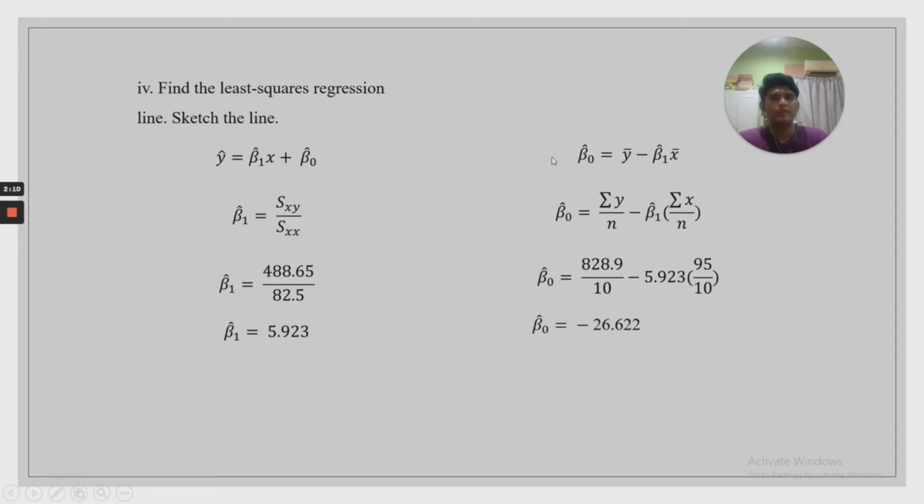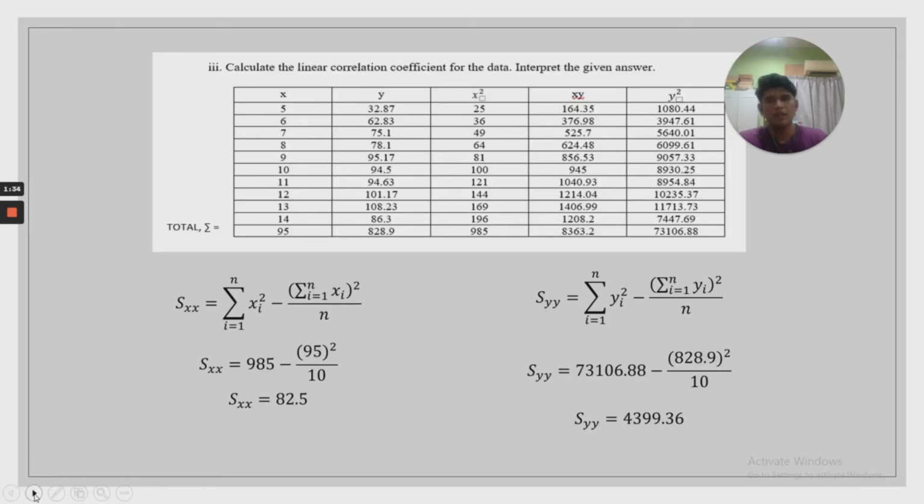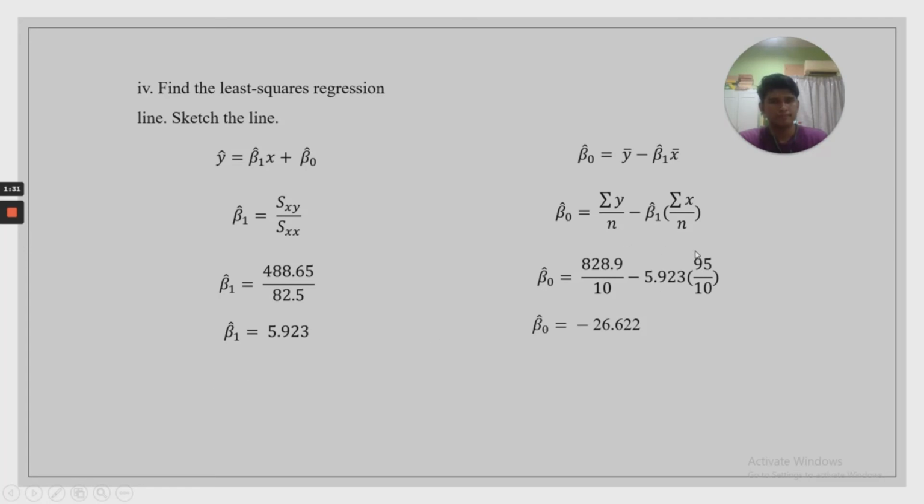Next, beta hat 0 is equal to y bar minus beta hat 1 x bar. So you need the y total and x total. You divide the y total by n, minus beta hat 1 multiplied by the x total divided by n, where n is 10. The y total you can get from the table, 828.9, and the total for x you can also get from the table, 95.